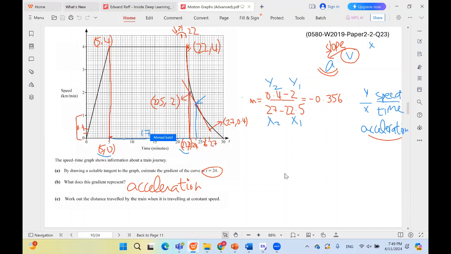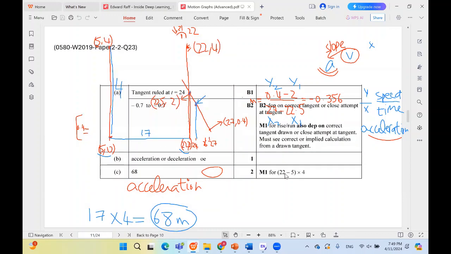And the distance vertically is 4. So the area would be 17 multiplied by 4. And this would give us 68 as a final answer, or 68 meters. This would be the final answer for C.